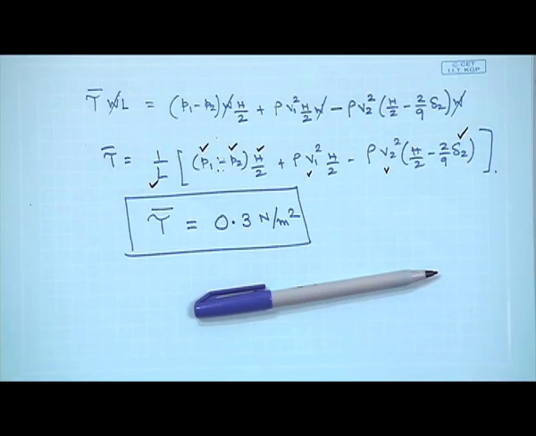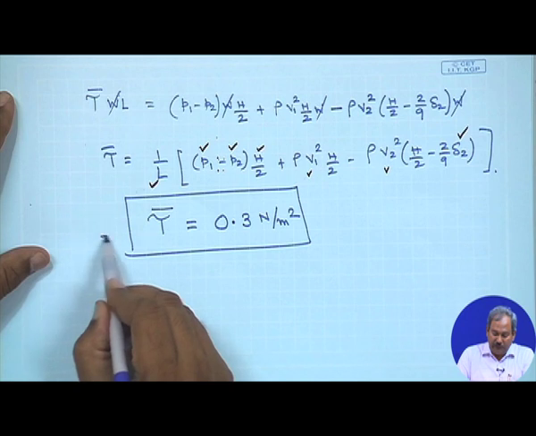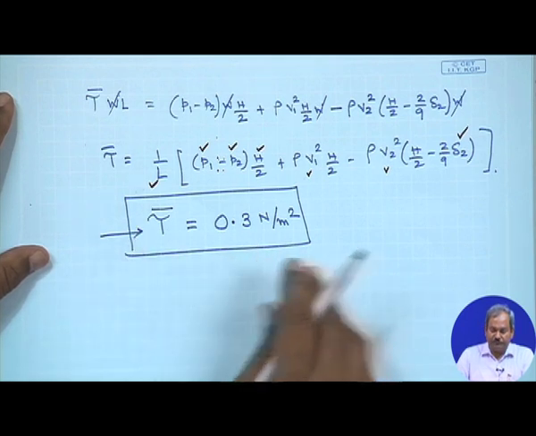What is the force experienced by an object when it is immersed in a fluid and when there is a relative velocity between the solid and the liquid? So a simple balance of momentum would give you the value of the average shear stress.